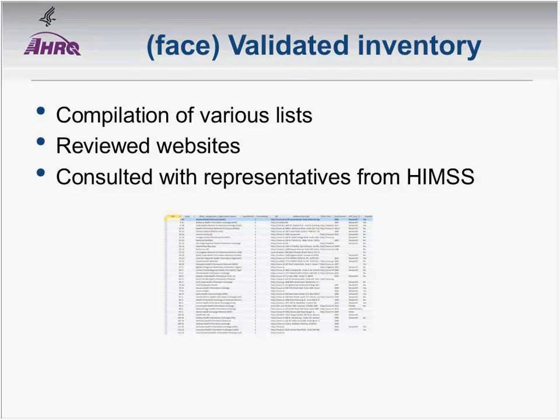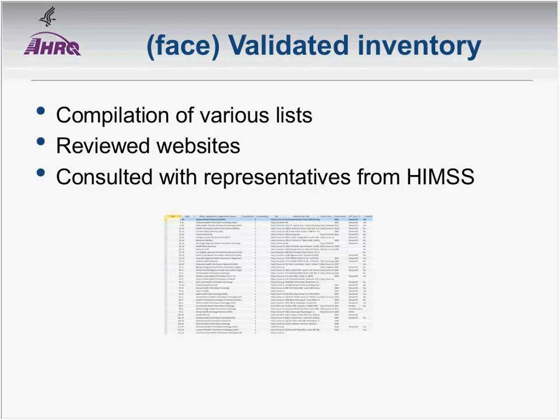All right, so to do this, I first had to create an inventory of HIOs in the nation. I compiled various lists from different researchers and different organizations. We went through, deduplicated the list, and removed organizations that were no longer operational or that did not fit our definition of a community HIO.